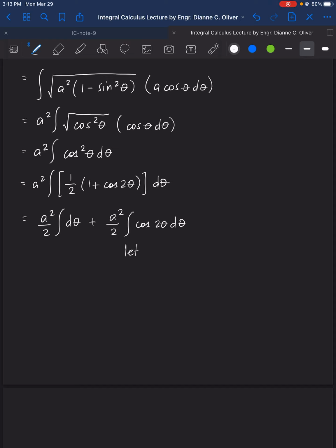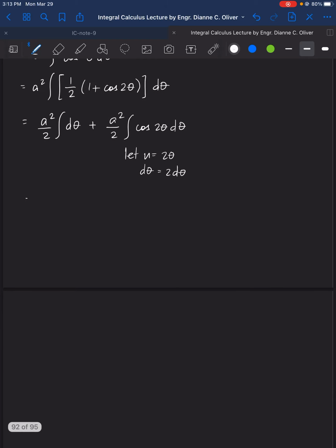Then let u is equal to 2 theta, du is equal to 2 d theta. So we have here trigonometric integration. We have a squared over 2 integral of d theta plus a squared over 2, and then we have here 1/2. Why am I going to put 1/2? Because we have here cosine 2 theta times 2 d theta.